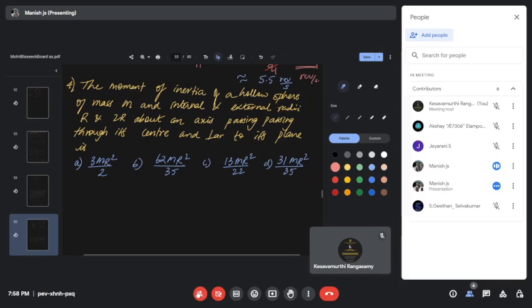They've given a sphere, and they're telling us it's a hollow sphere. That is mentioned in this question. So what is the moment of inertia of a hollow sphere? Anybody?